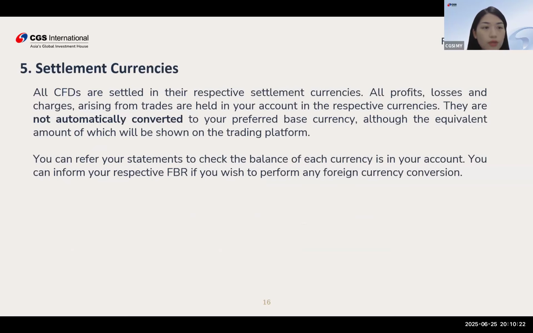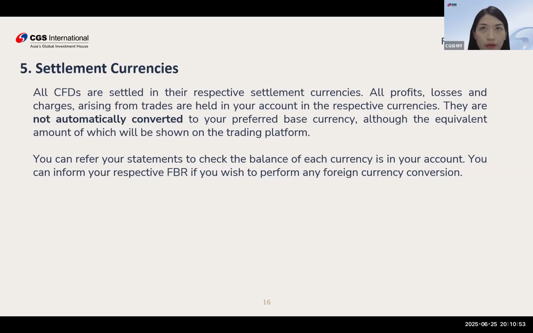Okay, so when it comes to our settlement currency, all CFDs are settled in their respective settlement currency, meaning that all the profit, losses, and charges arising from the trades held in your account are in their respective currency. And they are not automatically converted to your preferred base currency, meaning that you need to ask your FBR to perform the foreign currency conversion.